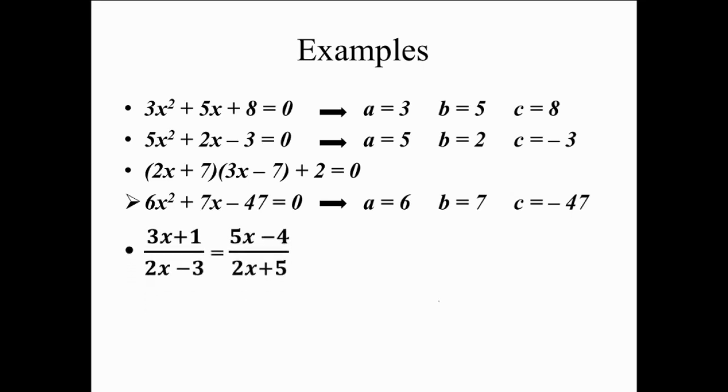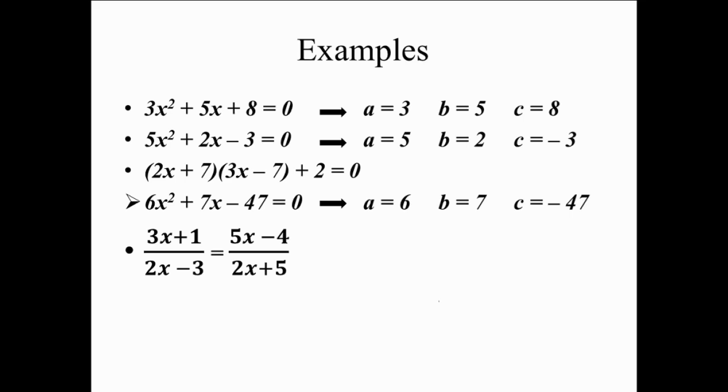Then we see another example to make it more clear to us. It is 3x plus 1 over 2x minus 3 equals 5x minus 4 over 2x plus 5. In this equation you can also see there is no term involving x square.